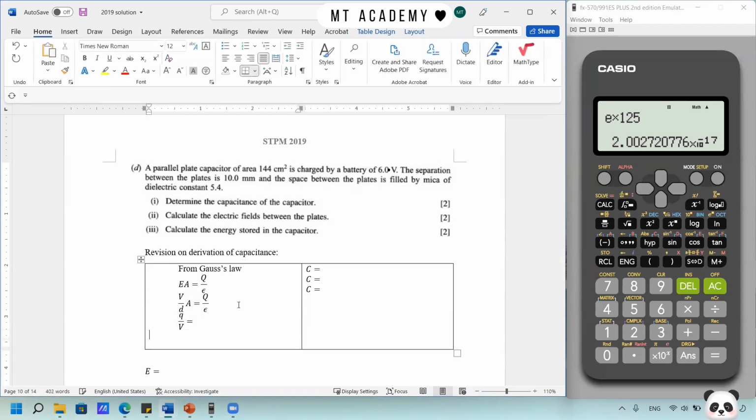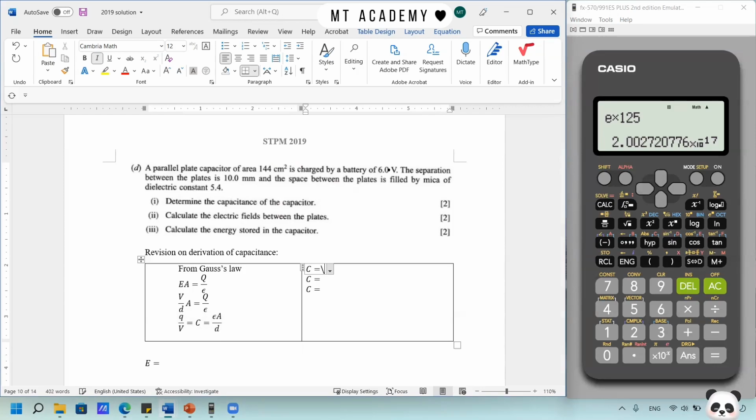And that will be equal to, when you move V to the other side, epsilon, the permittivity, multiplied by the area, divided by the distance between the plates. So this is the formula. If you don't remember it, derivation is the key. So we can straight away apply the formula to determine the capacitance of the capacitor.